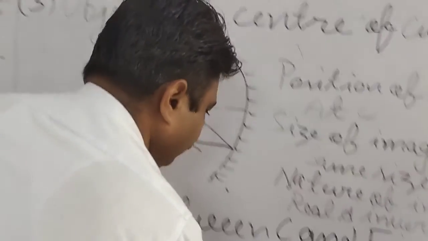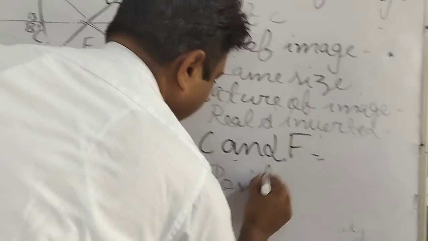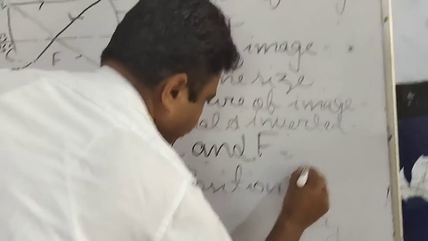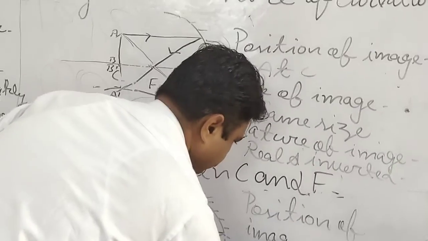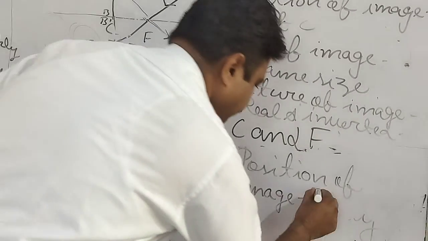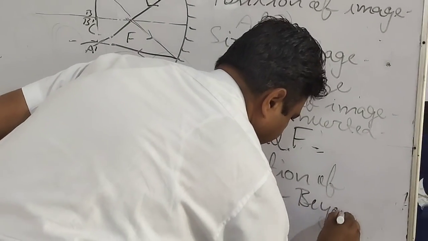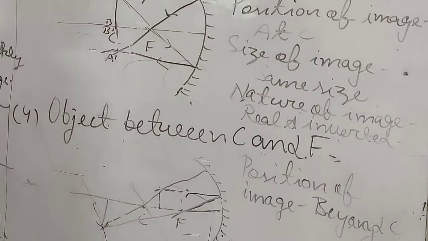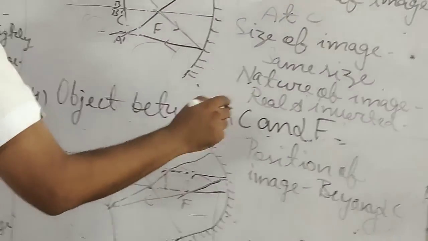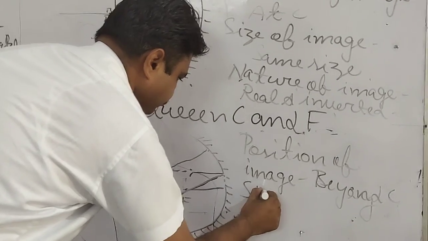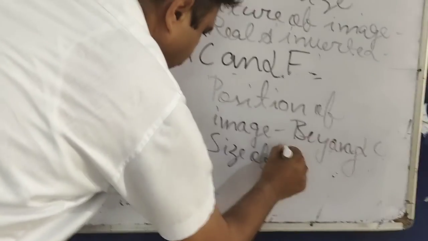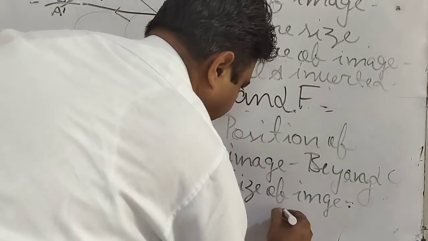So you write here, position of image: beyond C. Size of image: you write enlarged.